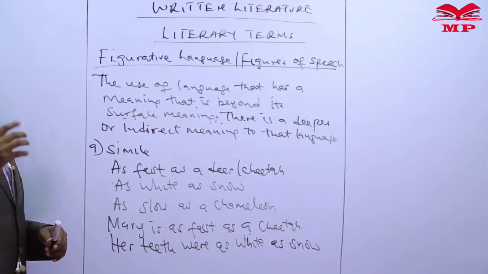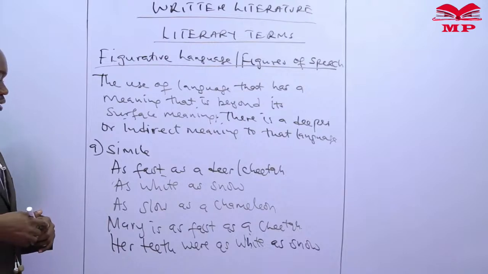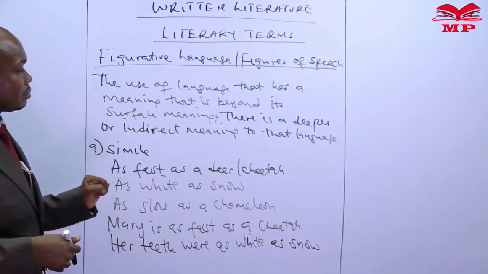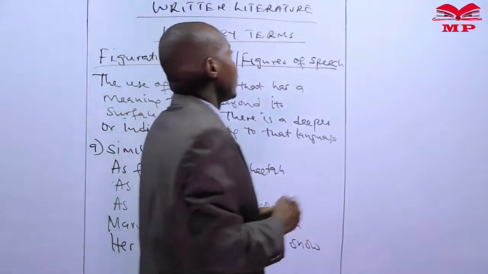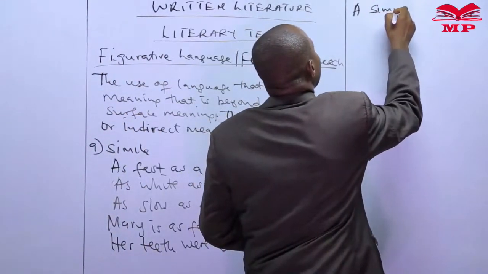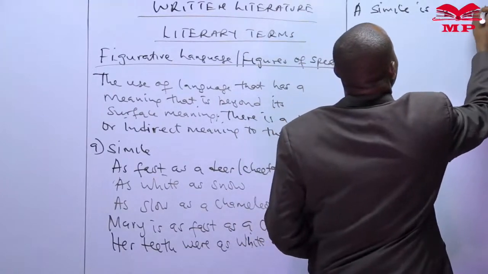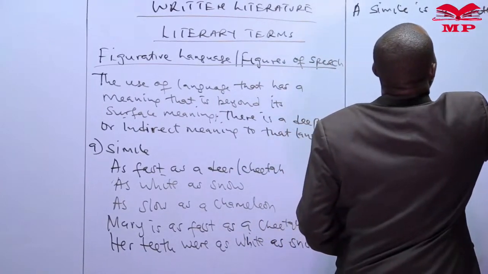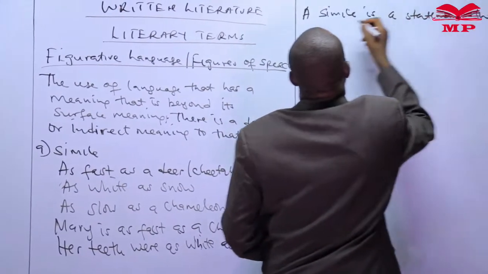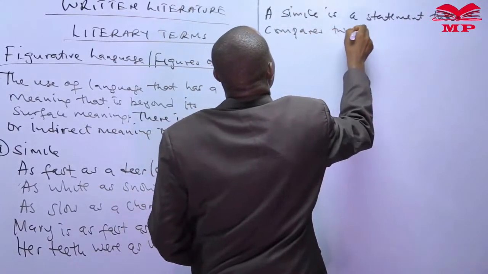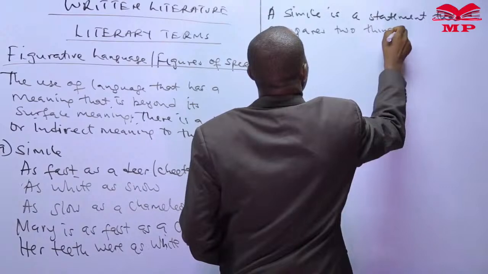In other words, they were not colored in any way. So these are similes. So a simile, we can define, is a statement that compares 2 things.